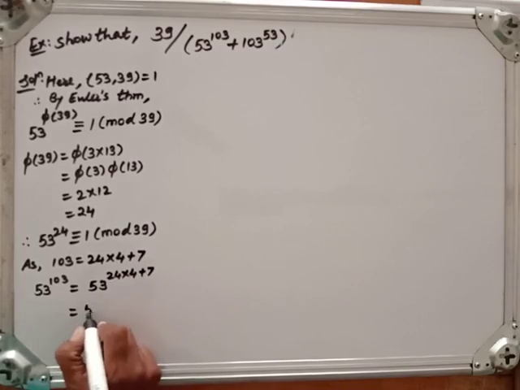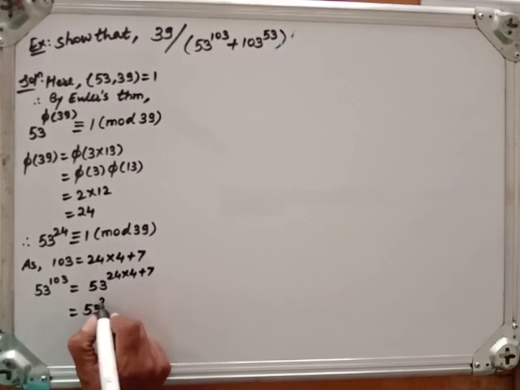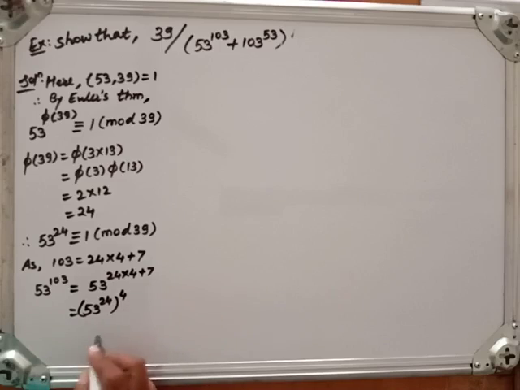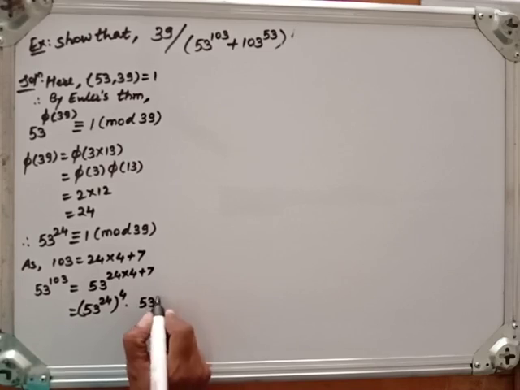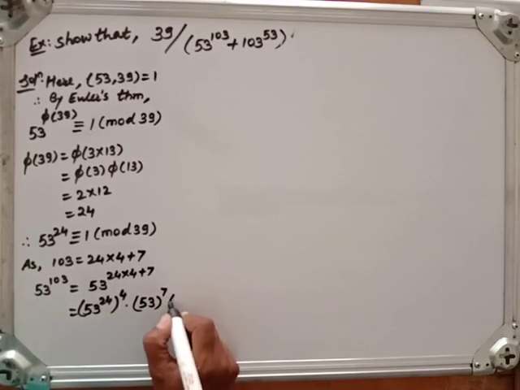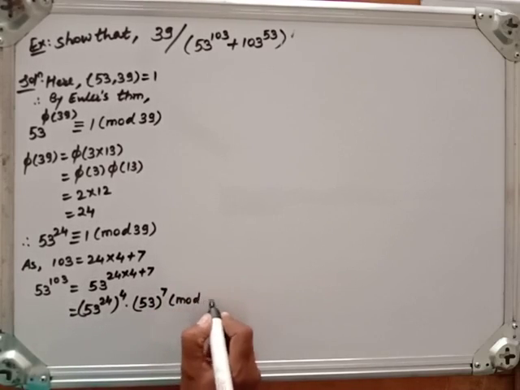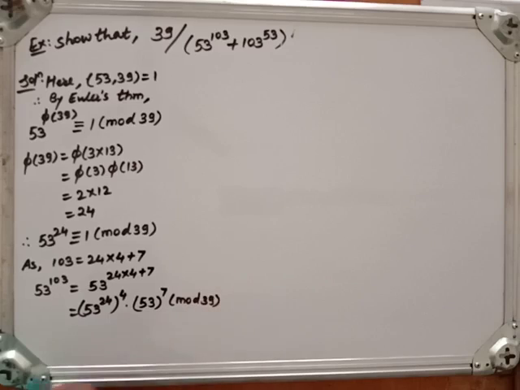That is 53 raised to 24, raised to 4, into 53 raised to 7 modulo 39. Let us write it as such.